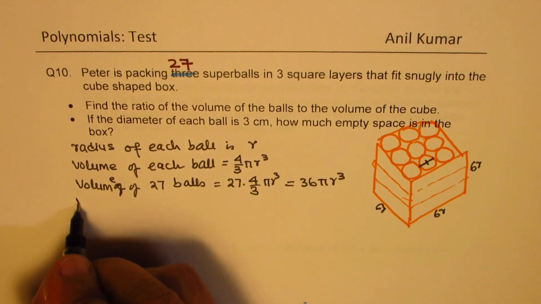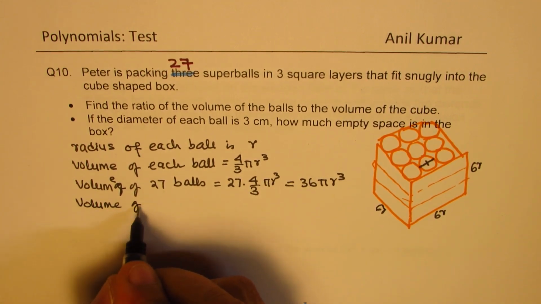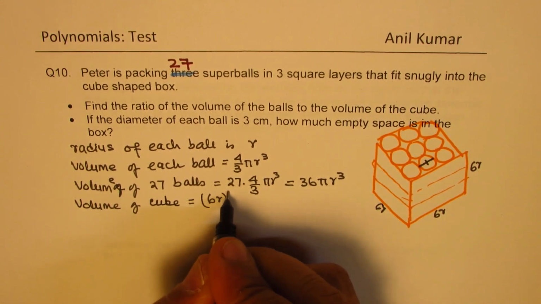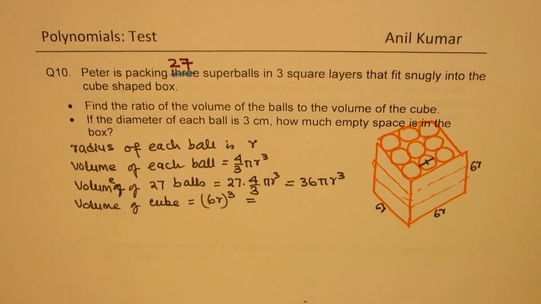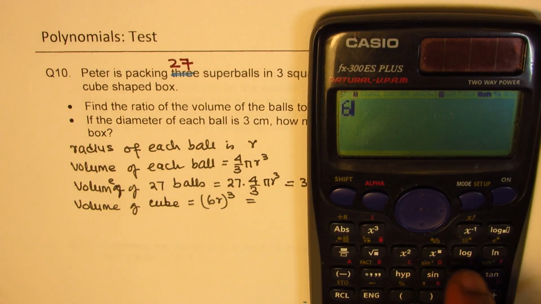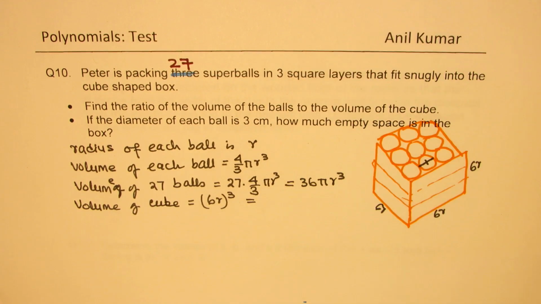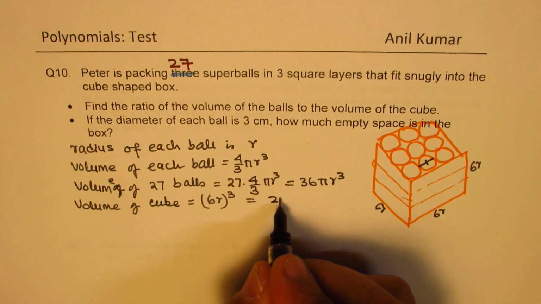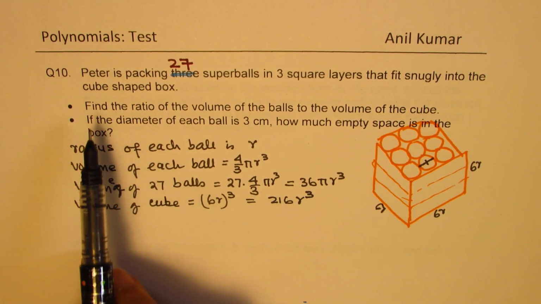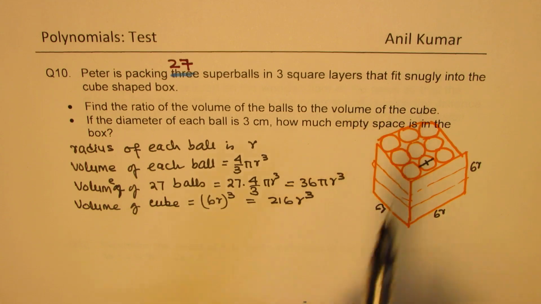And therefore, we have volume of cube will be 6r cube, right? So that is the volume of the cube, 6r cube, which we can write as 6 cube r cube. So let's find what 6 cube is. 216 r cube.